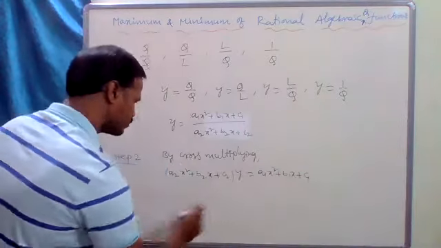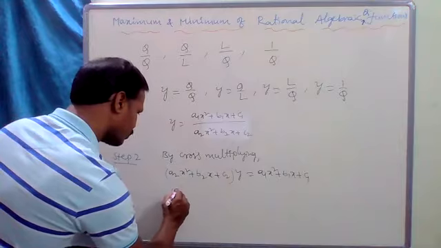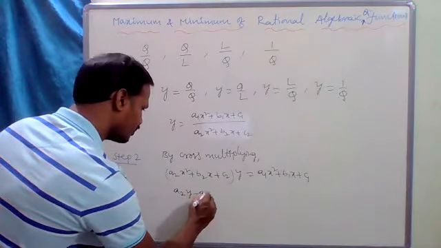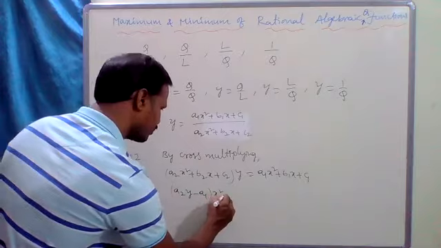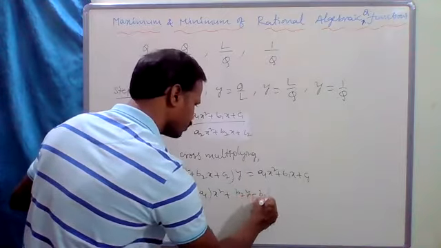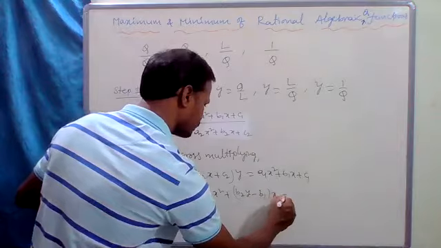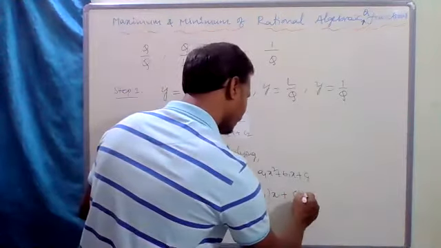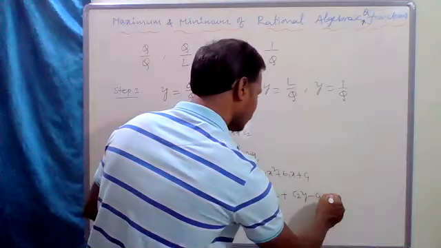So if you simplify this, what you will get? a2y minus a1 into x square plus b2y minus b1 into x plus c2y minus c1 equal to 0.